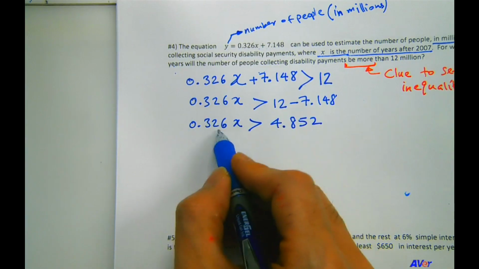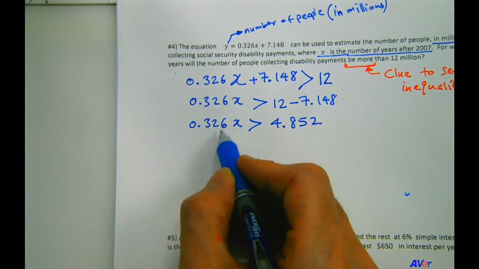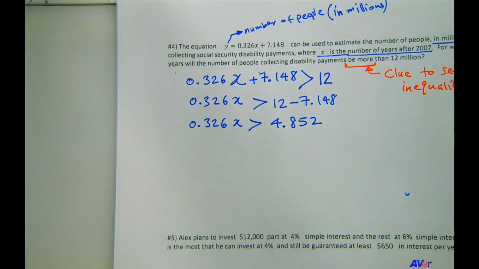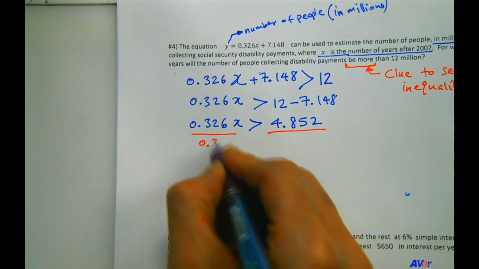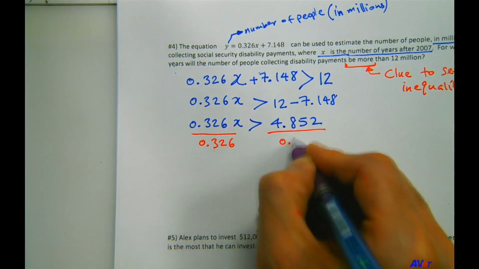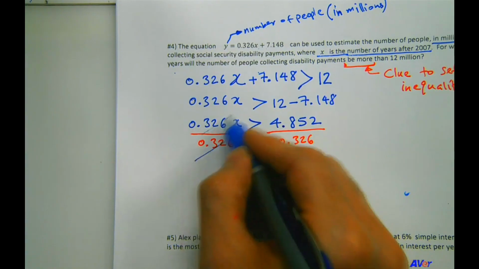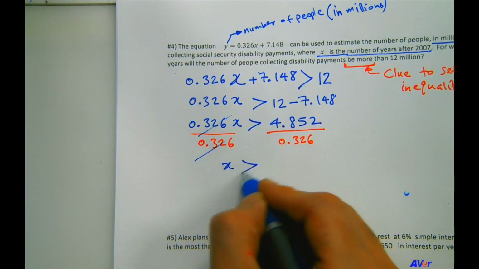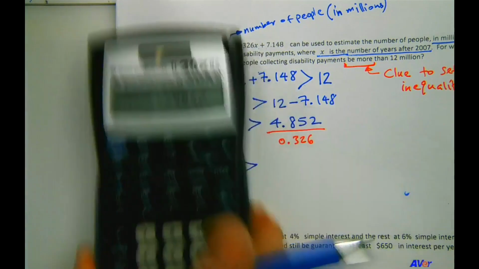Now we're solving for x, and 0.326 is preventing x from being isolated, so we need to divide both sides by this positive quantity, 0.326. So these cancel out. We get x greater than. Let's find out what that quantity is.